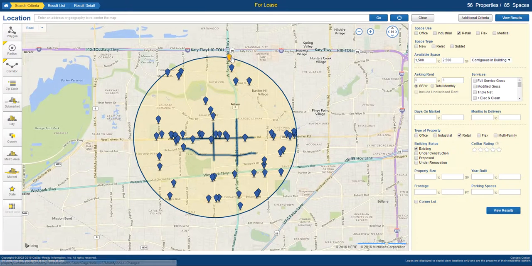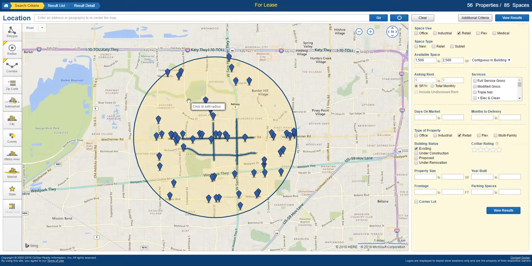Okay, so to sum things up, the properties that you see here, all 56 of them within a 3 mile radius, it's obvious that a lot of these properties we would not choose because they're not on major thoroughfares like Westheimer or West Park Tollway or Richmond. The majority of these are kind of off the beaten path a little bit, so these wouldn't be applicable for our type of client.